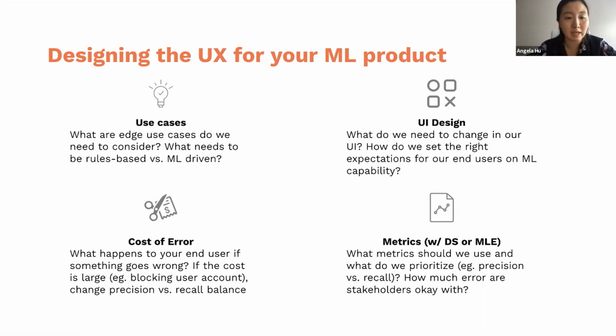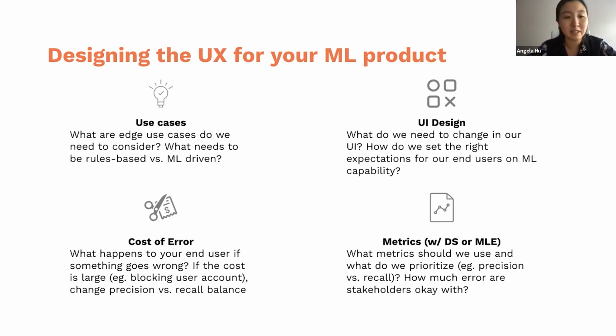So the first piece is taking a look at your overall use cases and user stories. What are you looking to address? A lot of the times, one thing that I find is often forgotten is what are the edge use cases we need to consider. This can often be the 20% of use cases that are actually considered, but can drive 80% of the problems that you end up coming into.